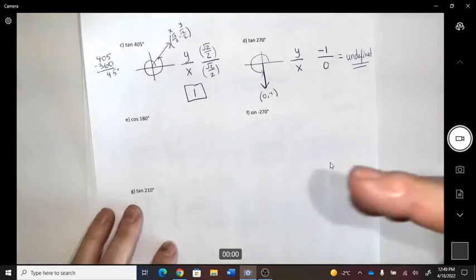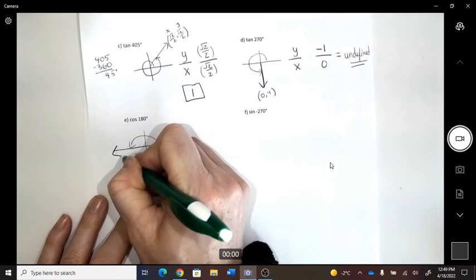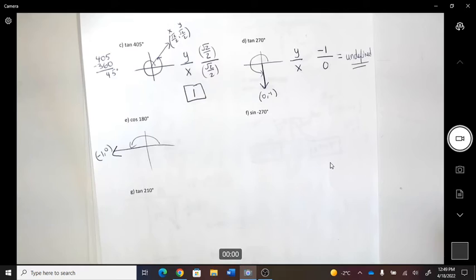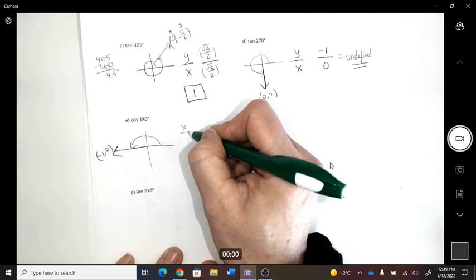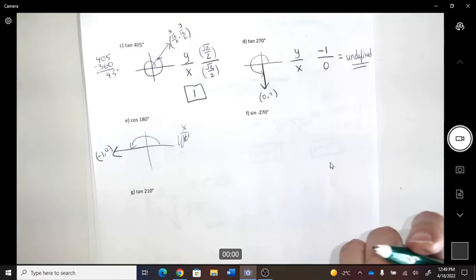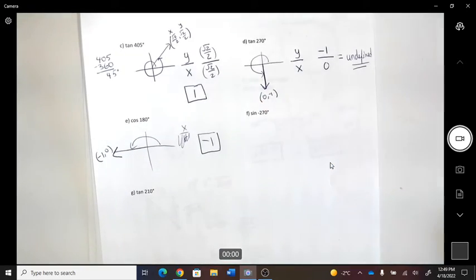Okay, 180. So if I look at my unit circle, I'm looking like this. And there's a coordinate there. So what is cos? I would like the x over r, but really I just want the x. So negative 1.